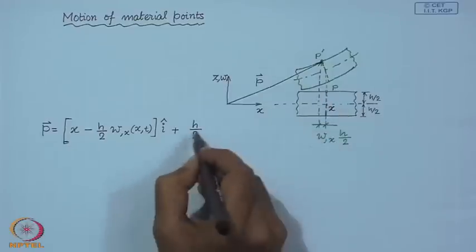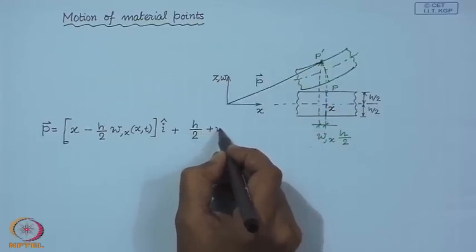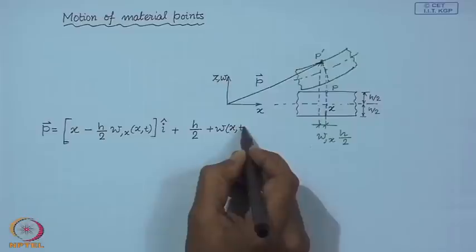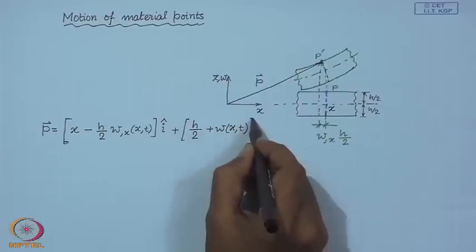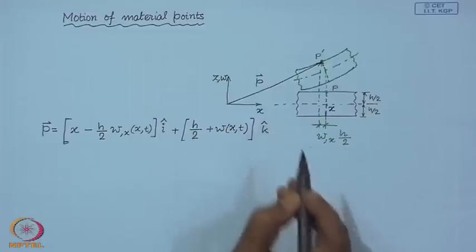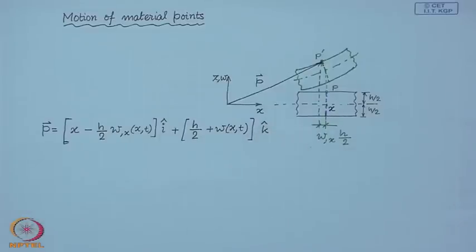So, this was the initial z coordinate, so that is the position vector.